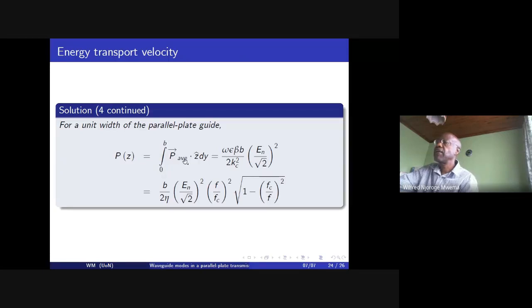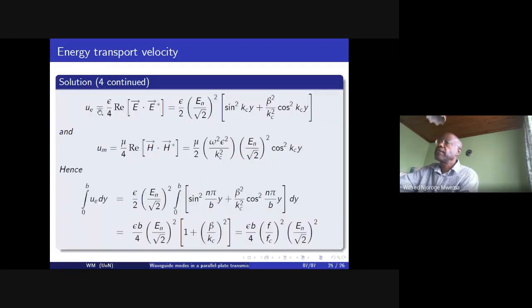Remember the S that we are dealing with is b, which is the separation, multiplied by the horizontal width. Since we didn't say what the width was, we are taking the plates to have a width of unity, that is per unit width of line. We get a PZ at Z given by that expression there, and once we replace beta by its expression there, this is what we get.